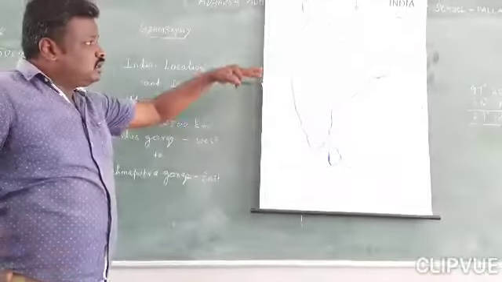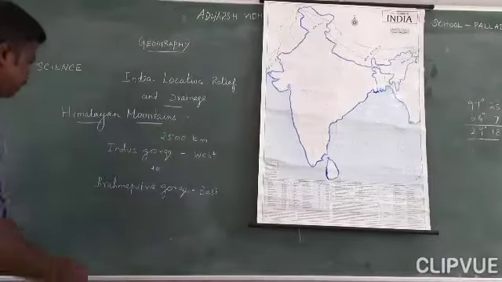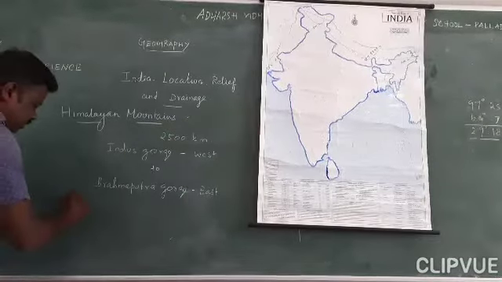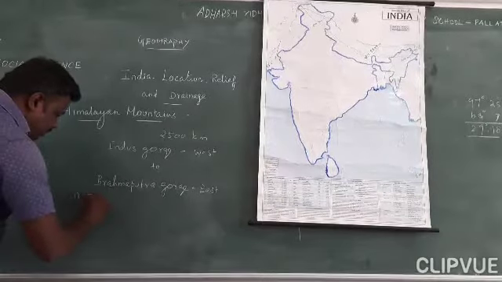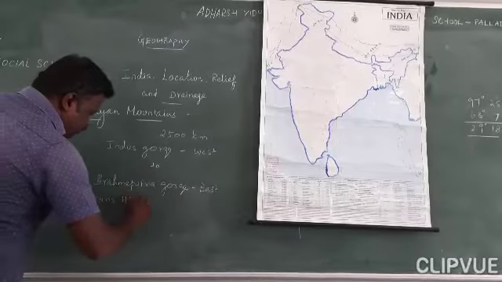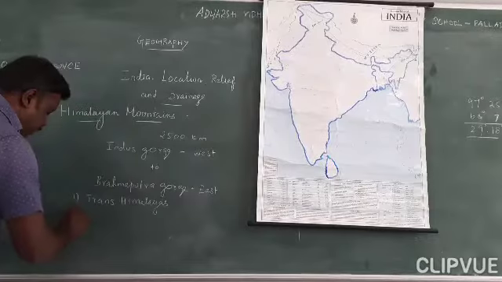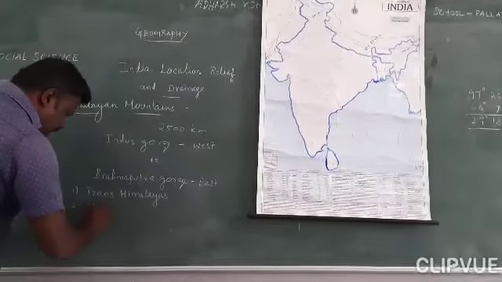Okay, now see another important thing. This Himalayas, I already said, has many divisions. Normally we saw three important divisions of the Himalayas. One is the Trans-Himalayas. Second one is the Himalayas.